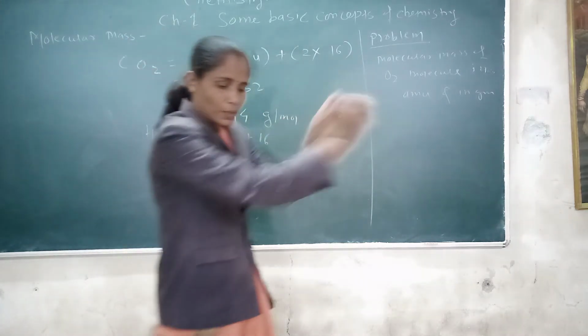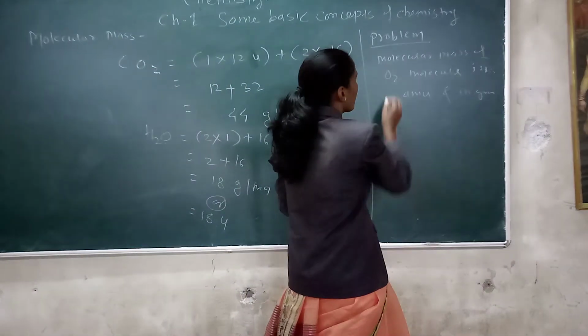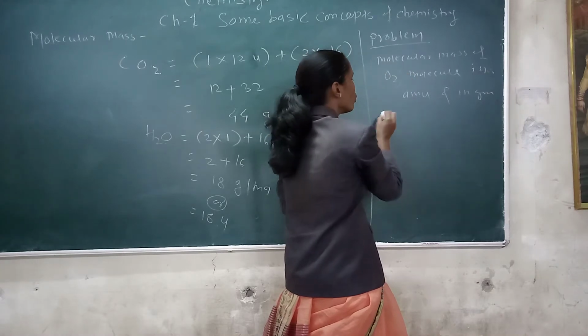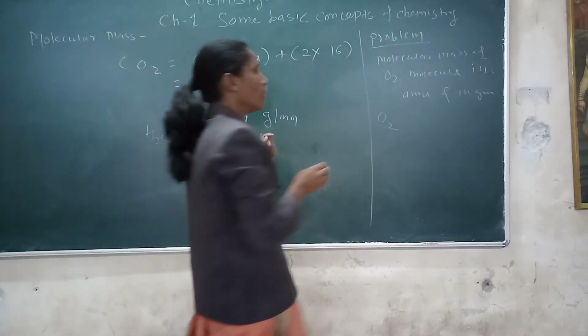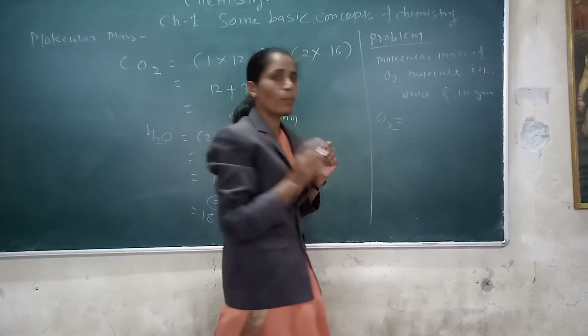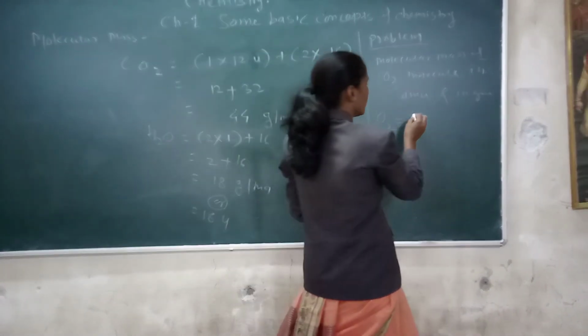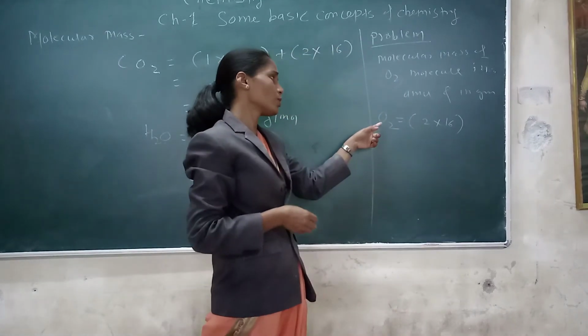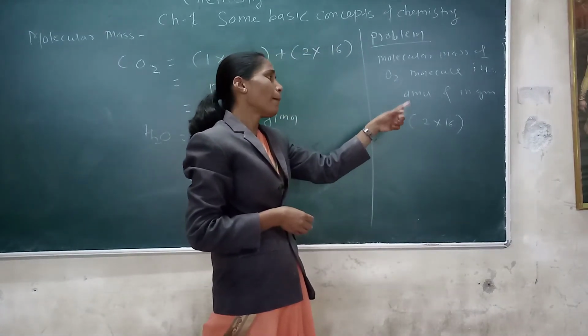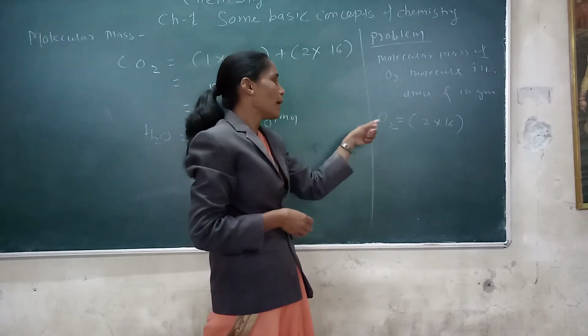The O2 molecule contains 2 atoms of oxygen and 1 atom of oxygen shows 16. That is 2 into 16, means 1 oxygen shows 16 gram per mole molecular mass.